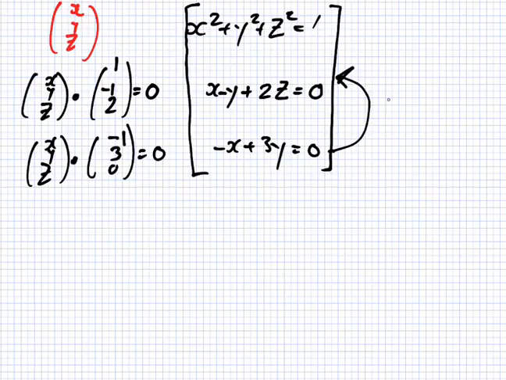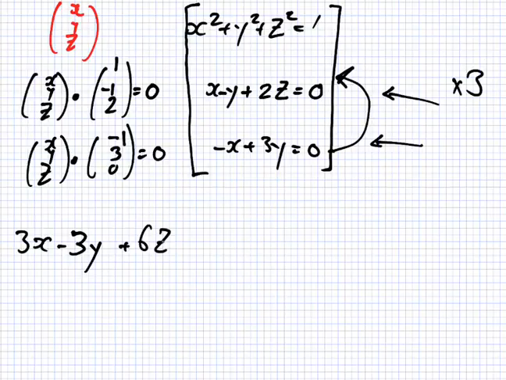I could write z in terms of x. Let's see what happens. Maybe. So if I put these two together, multiplying this by 3, I get 3x minus 3y plus 6z equals 0, and minus x plus 3y equals 0. Yeah, I made this question too hard.